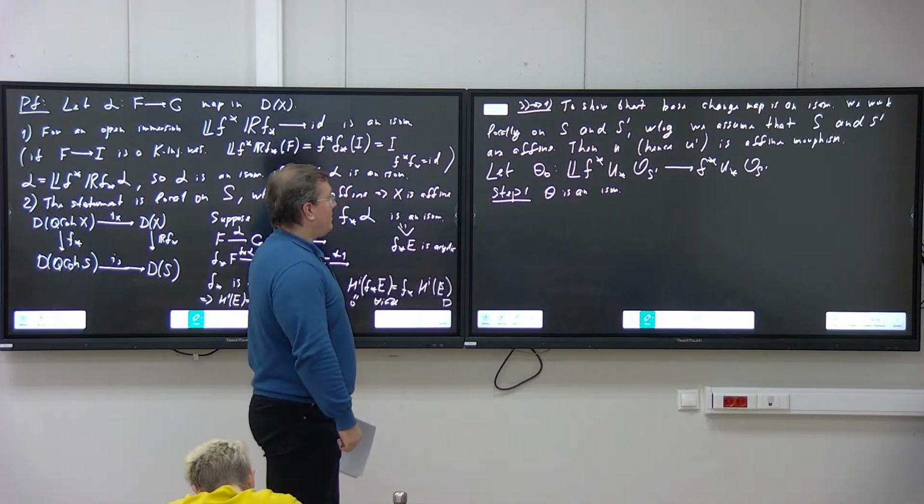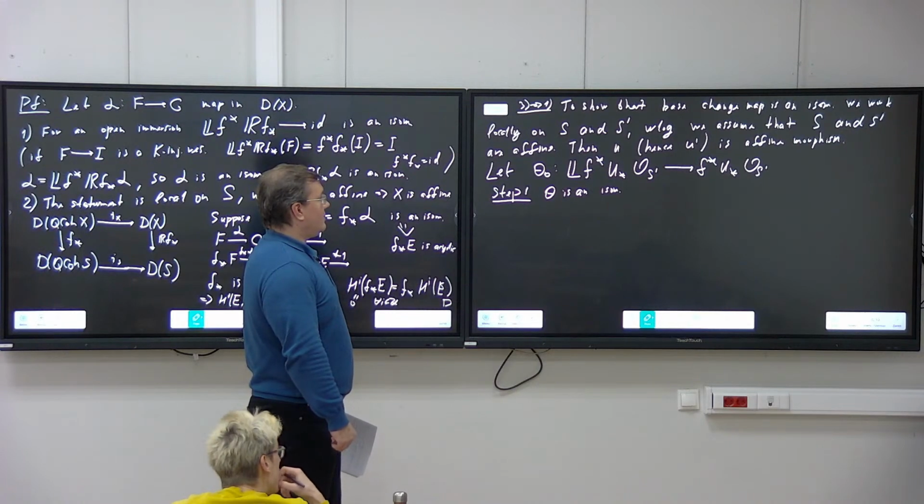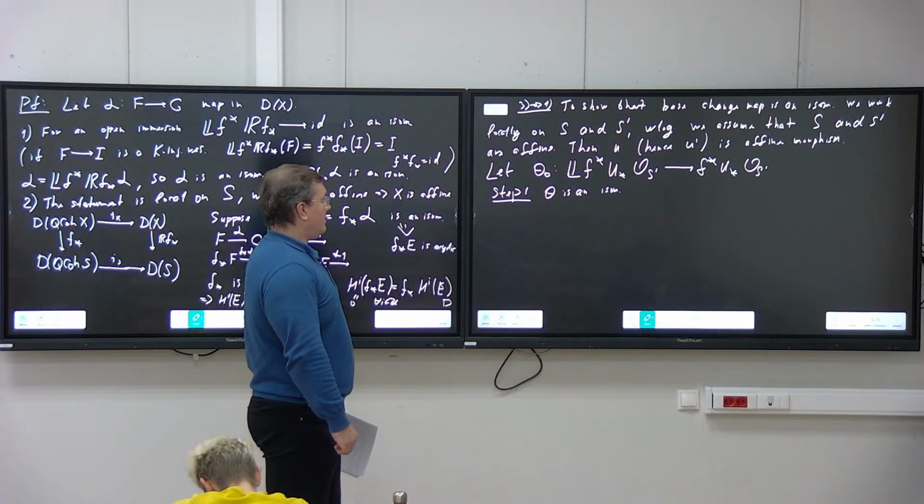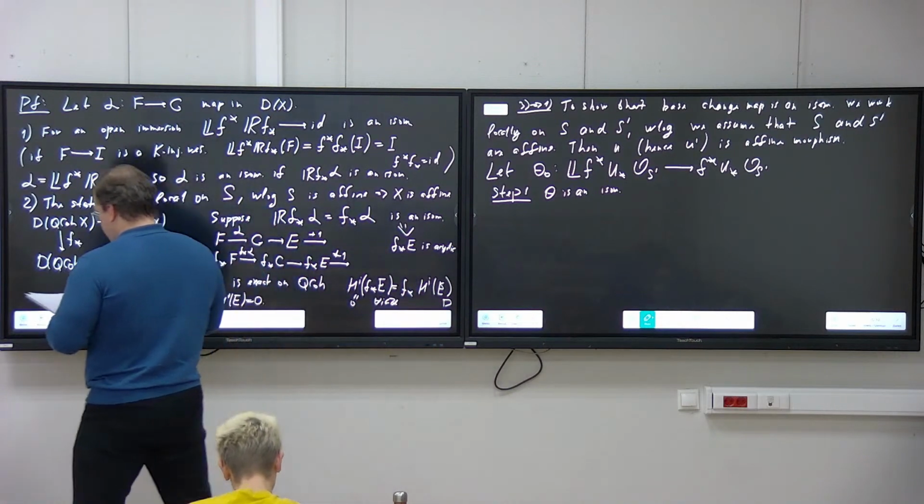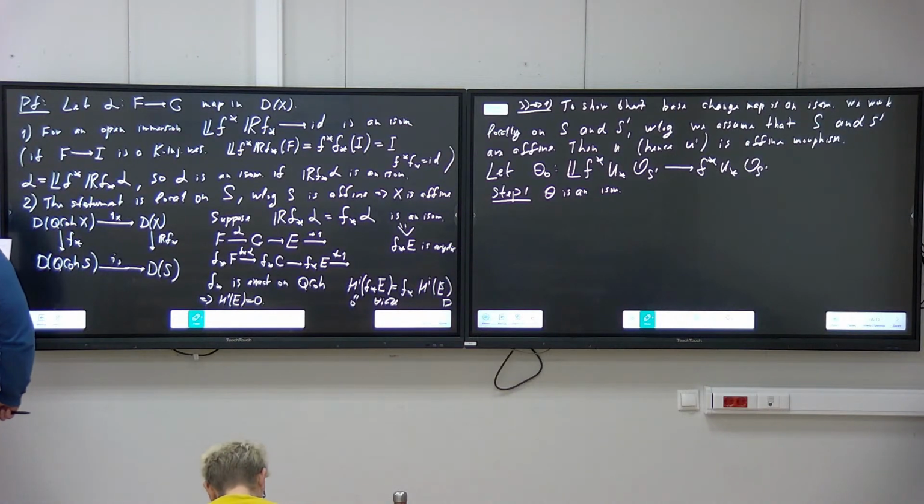Yes, but the base change morphism uses push forwards, which are not local on S prime. Yeah, but this is not a problem.